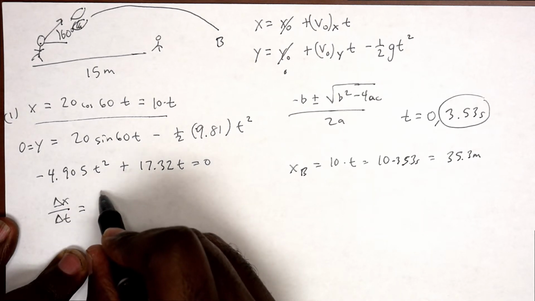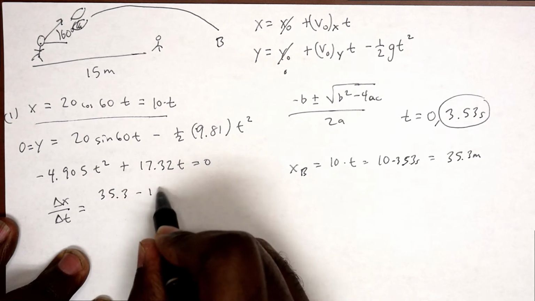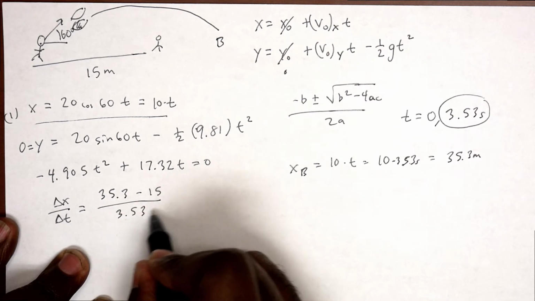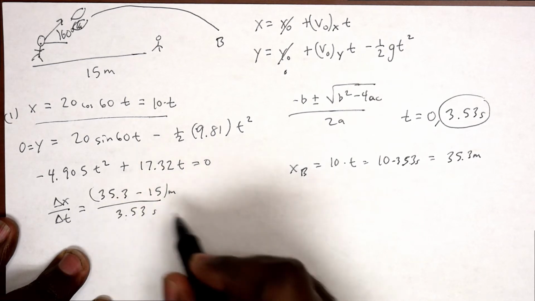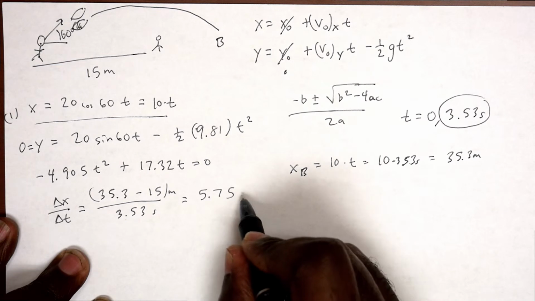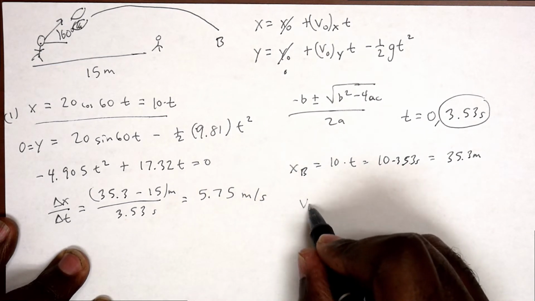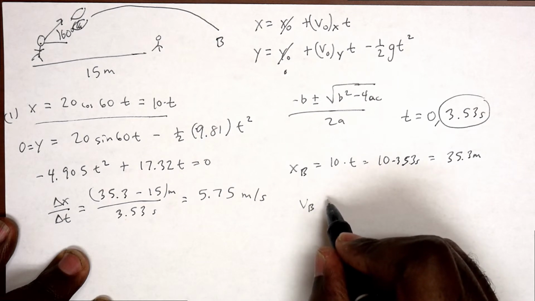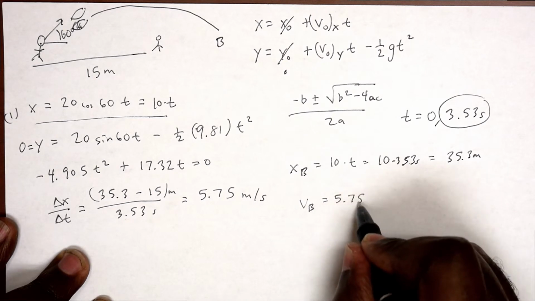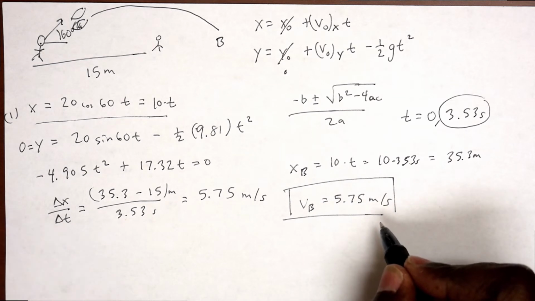And so he would have to go a distance of 35.3 minus 15 meters in a time period of 3.53 seconds. So this is meters and that's seconds. And so our answer would be 5.75 meters per second. So V of B, which is the velocity of our runner, would be equal to 5.75 meters per second. So that's the first part of this problem.